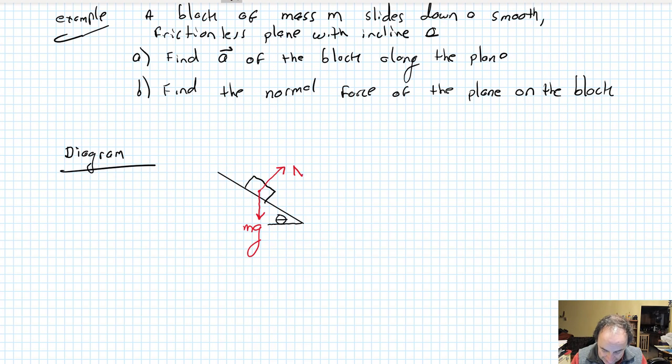So the normal is acting this way. So the normal and the weight, when you're on an incline, are not acting in the same direction. Now, if we were to take this, go out here, note that this angle right here is also theta. And I'll let you work out the geometry if you need to prove that to yourself.